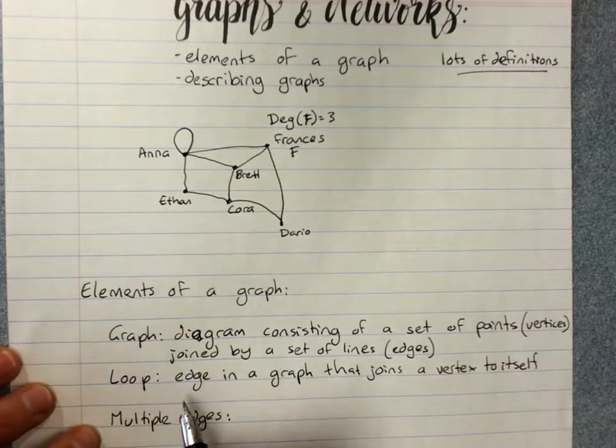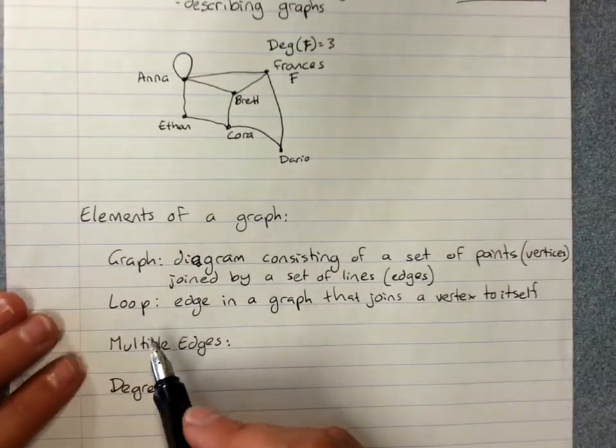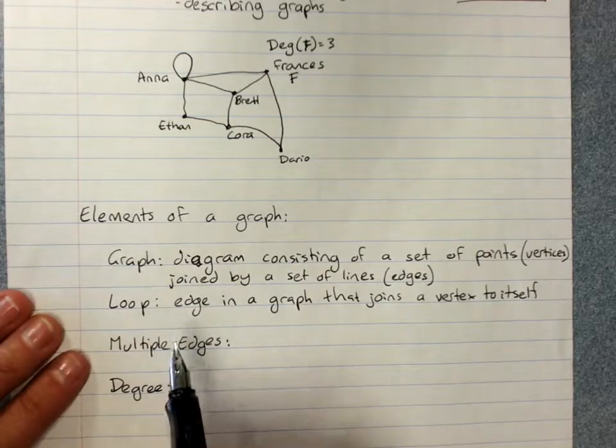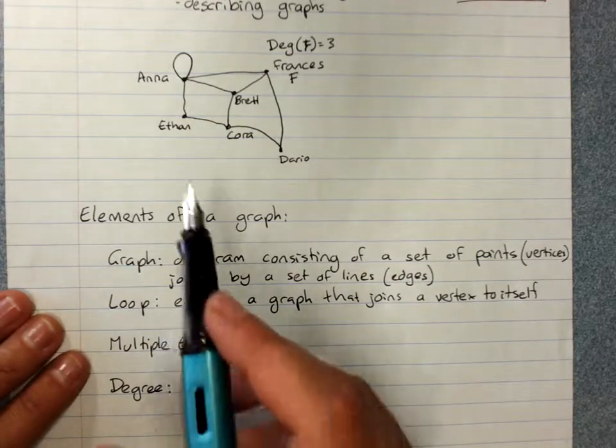Now, it's important to note with a loop that it adds only one edge to the graph.